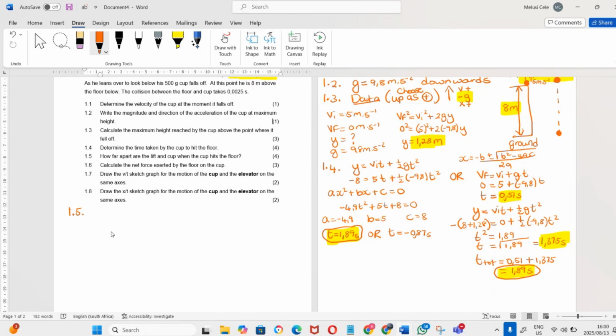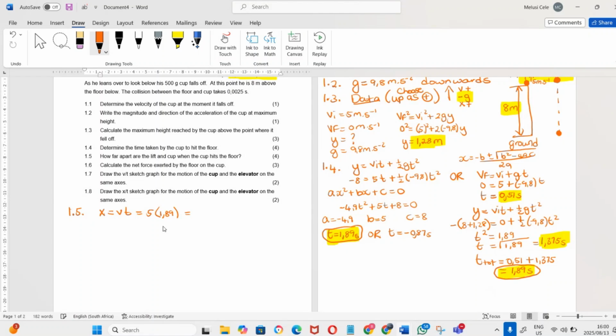So what we have to look at here is the total flight time of the cup and see what distance the lift covers in that time. So for that, we could say x equals vt. We already know that the original velocity of the lift is 5, and the total time that we calculated was 1.89.